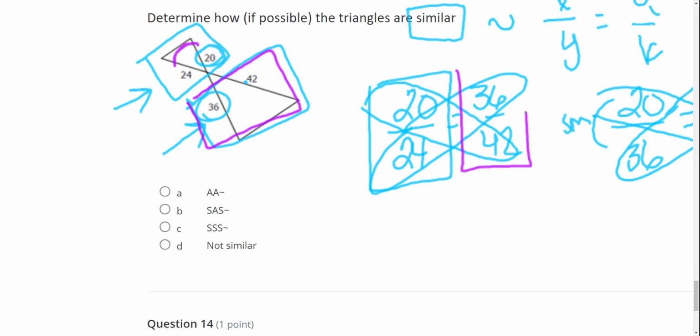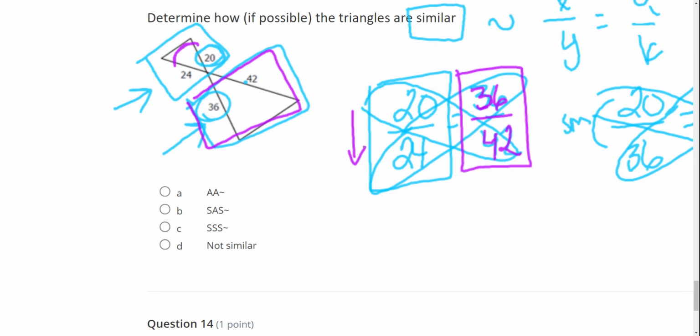And then the 36 and the 42 is the purple shape. So I've got small over large and small over large. And I've got the blue triangle on one fraction and the purple triangle in another fraction. That's always the way I do it, if at all possible. So then you can either cross multiply, or you can just still divide and get the decimals.